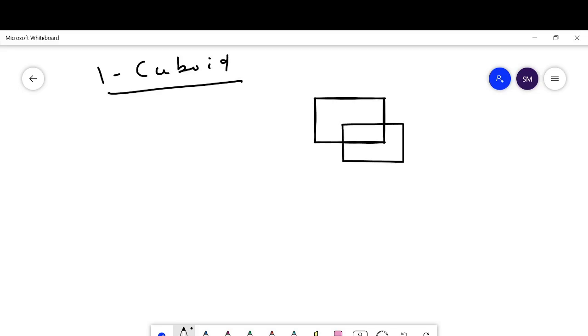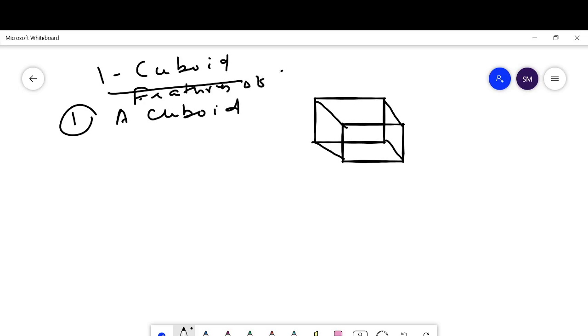Suppose this is a cuboid, then this is surrounded by six rectangular faces. Please note down, students, the features of a cuboid.